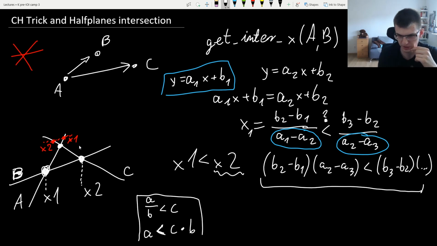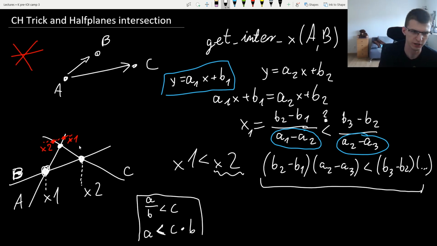Of 2-dimensional matrix that has vectors from A to B and from... Oh no, we have 3 lines. What do we have here? Maybe it's not that trivial.